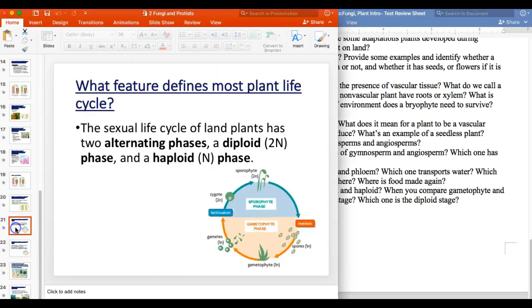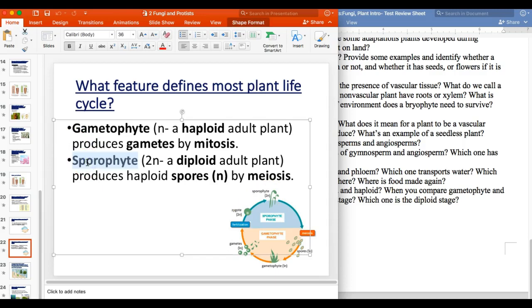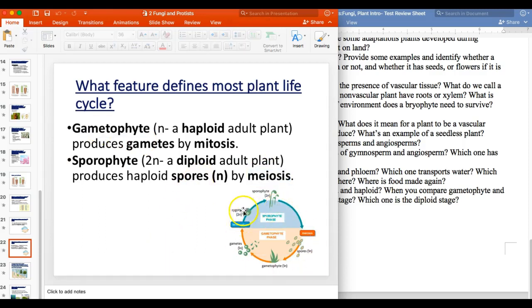And you need to make sure that you understand this picture right here. What is it talking about? A sporophyte is called that because sporophytes produce spores through meiosis, and gametophytes produce gametes. So in this picture, it's showing you that a plant can first start with a zygote, and then it develops into a sporophyte, which is a diploid stage of a plant.